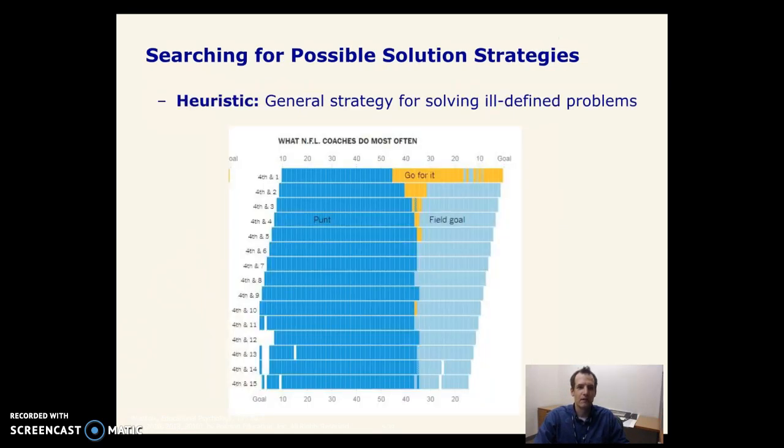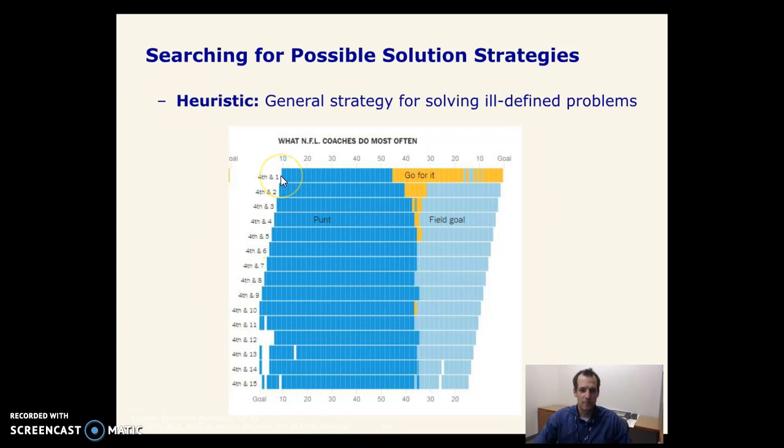It's pretty funny. A heuristic is a different type of problem solving that is more of a rule of thumb. My example for this is when to punt or when not to punt. This is a neat little infographic of what NFL coaches normally do. So what this does is, okay, what yard line are you on and how far do you have to go?